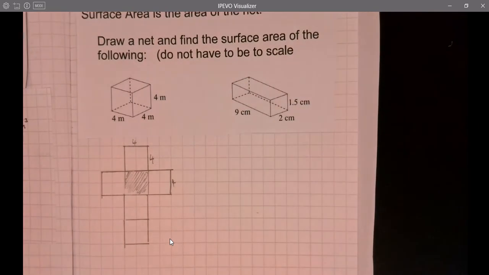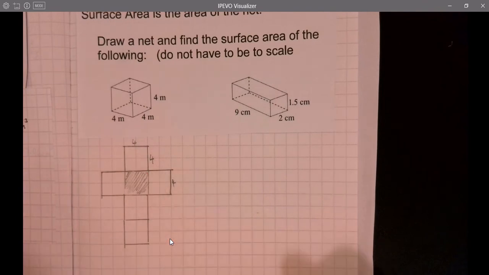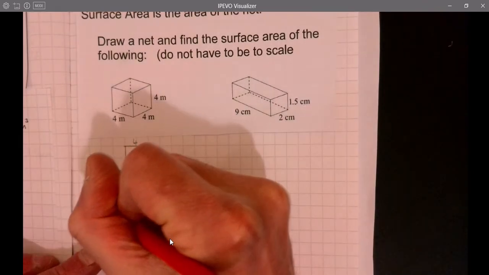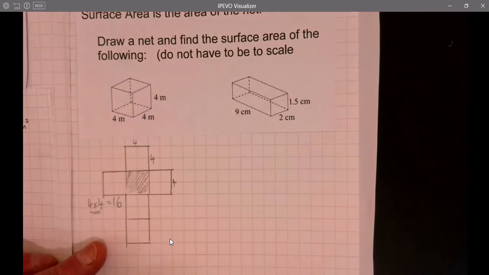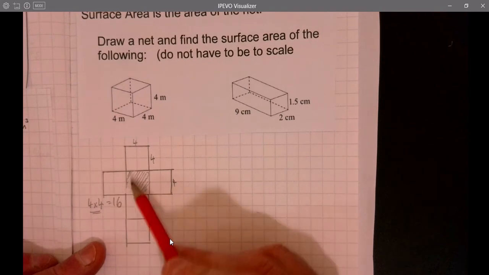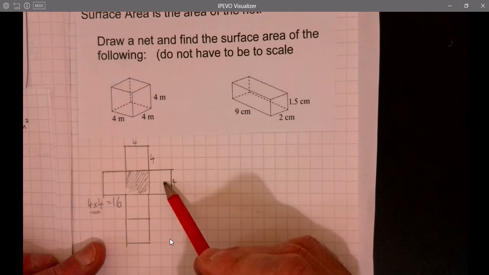So if I want to work out the total surface area here, it's a little bit easier because all I need to do is 4 times 4, so that's 16. That's the area of just one of these squares, and because it's a cube, it's got 6 here: 1, 2, 3, 4, 5, 6.